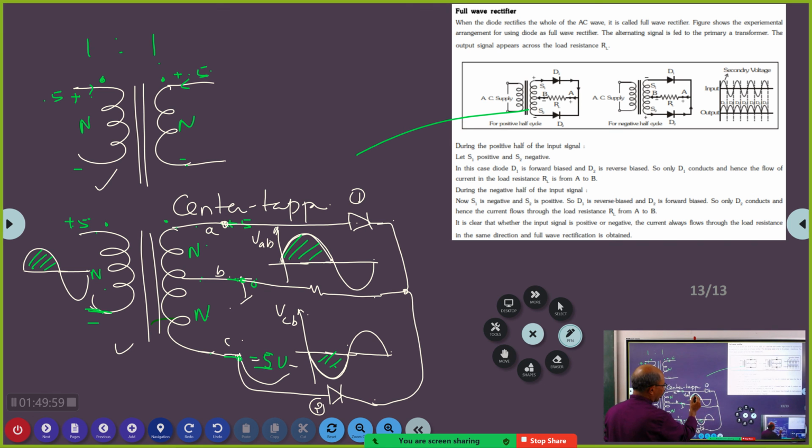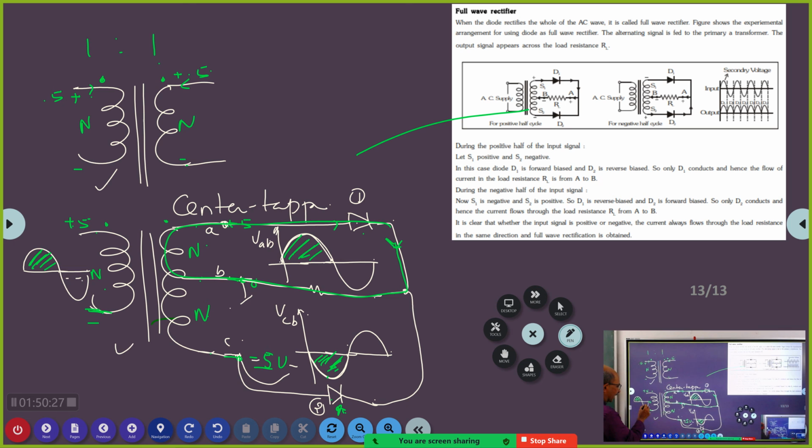Diode number 1 is forward biased, so this diode is on, and the current will flow like this. But this diode is off because this is negative, so no current will flow through it. Whatever current flows goes through this diode. Got it? No current will flow through this during this excursion.